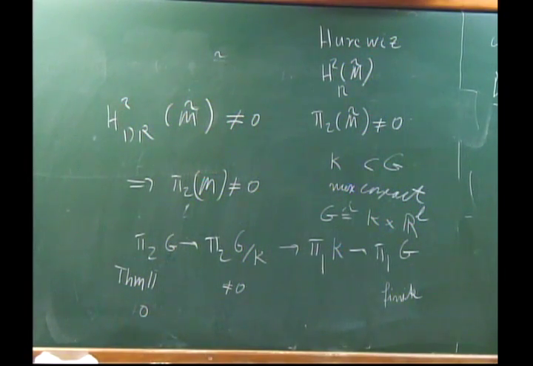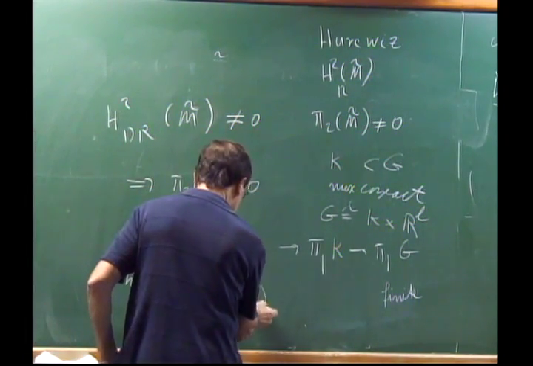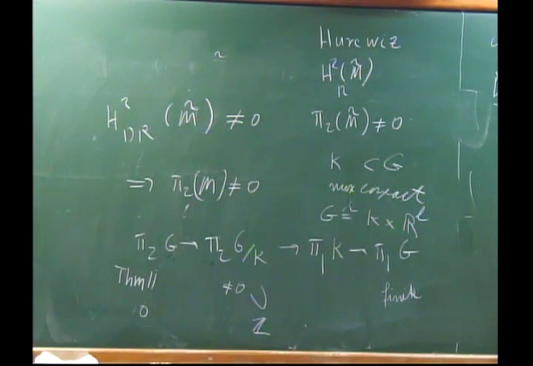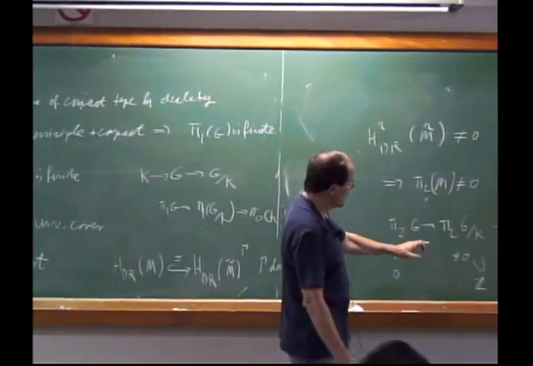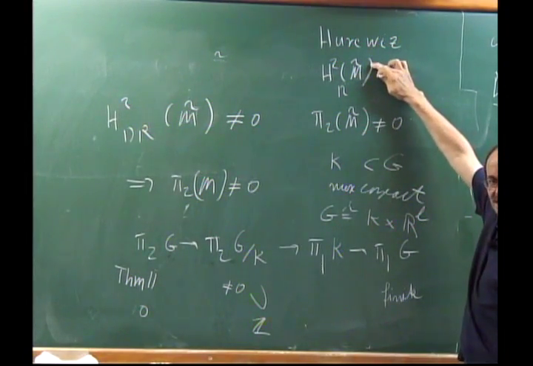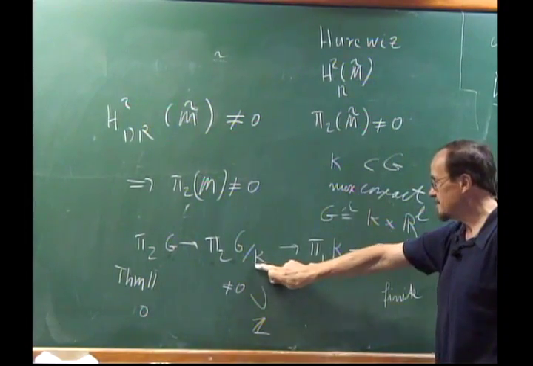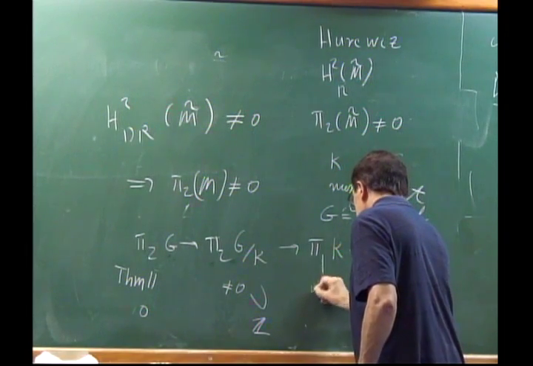What does this imply? Now we have this is 0. This is non-zero. In fact, this contains at least a Z. So this de Rham cohomology group is non-zero, so it contains at least an R. That means the integer homology must at least contain a Z. Because de Rham cohomology is this here, and this contains an integer, therefore this does too. So this one can't be finite.